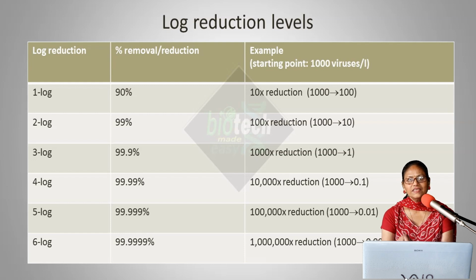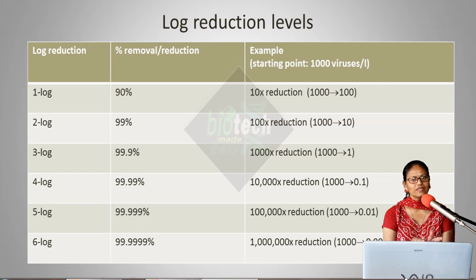But the initial point, or the first log level, is 1 log. And if we say 1 log, that means 90% removal or reduction has taken place. It can also be said that a 10x reduction, or 10-fold, or 10 to the power 1 reduction has taken place. If I try to give you an example, suppose there is a sample which has 1000 viruses per liter.